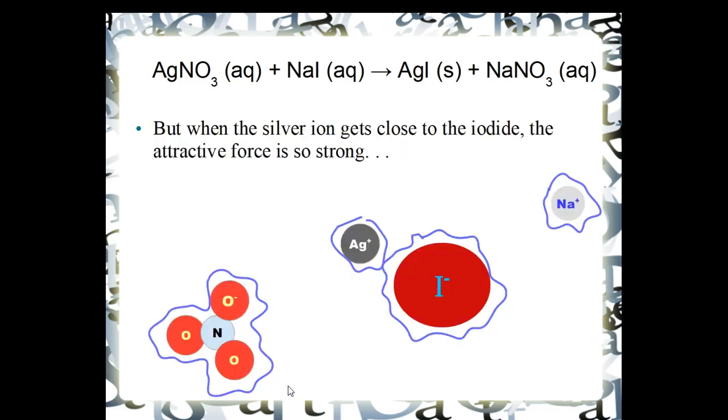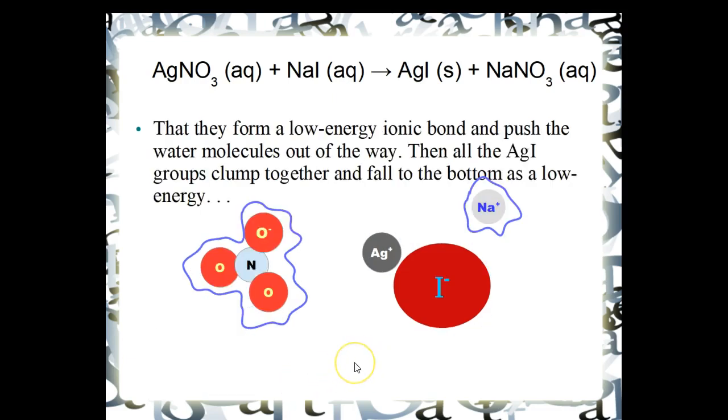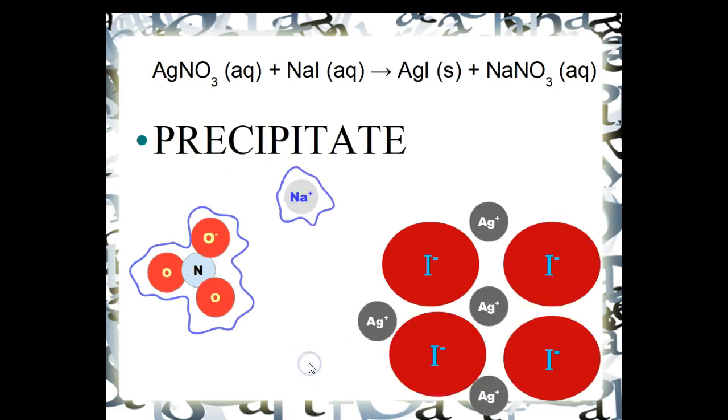But when a silver ion gets close to an iodide ion, the attractive force is extremely strong, strong enough that they form a low energy ionic bond and push the water molecules out of the way. Then all the silver iodide groups clump together and fall to the bottom as a low energy precipitate, which you see over here symbolized with a kind of crystalline structure of silver iodide. The sodium ions and the nitrate ions continue in the solution.